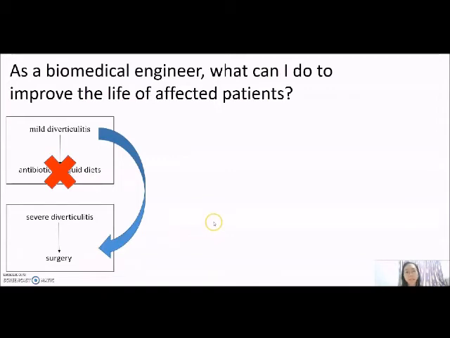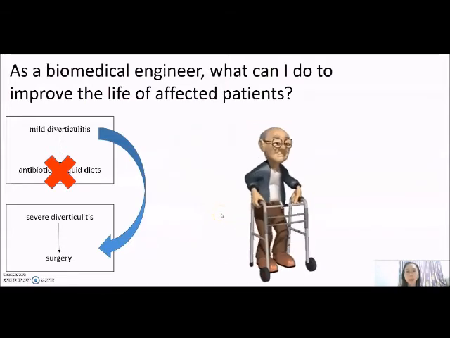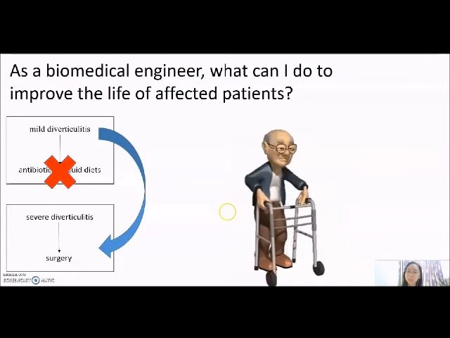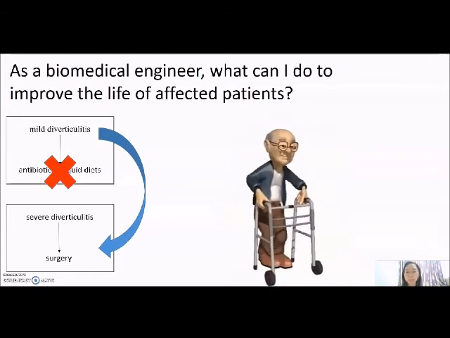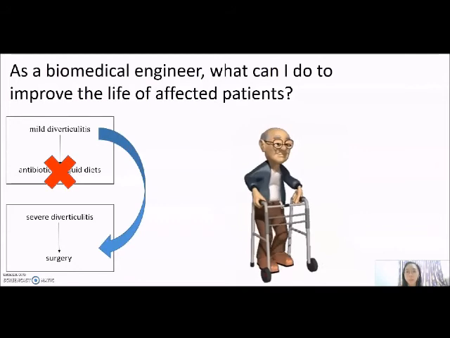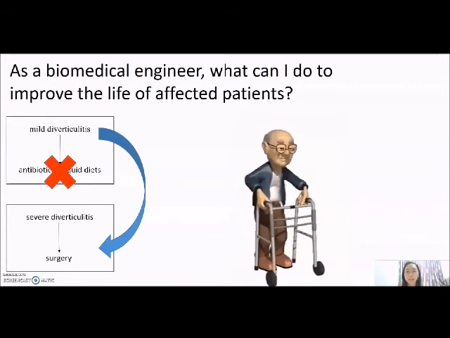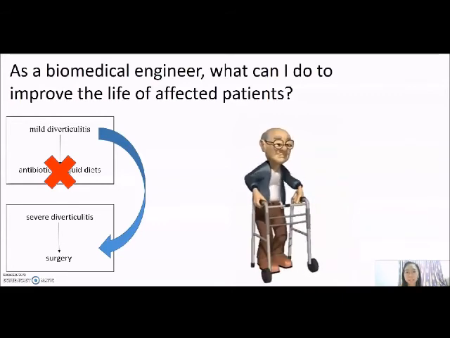However, there are many things that we need to take into consideration. For example, an elderly person who has other diseases like hypertension, diabetes, and others. For these patients, they might have a higher risk if they need to cope with an operation. That's why it is very important for us to make some improvements for prevention of complicated diverticulitis once the patient is diagnosed with mild diverticulitis.